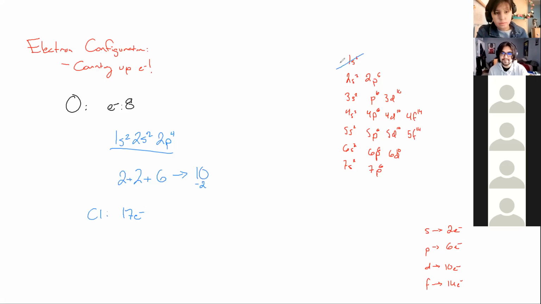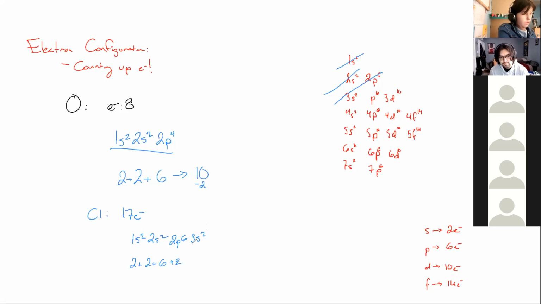1s2. And then 2s2. 2p6. And then 3s2. And it will be 3p5. I didn't want to make it red.